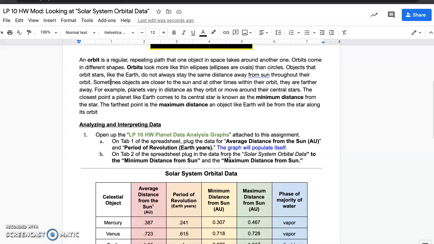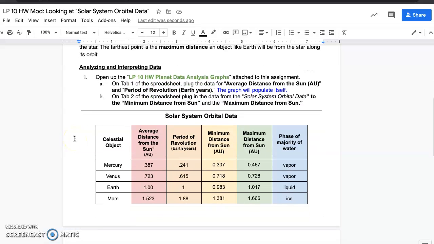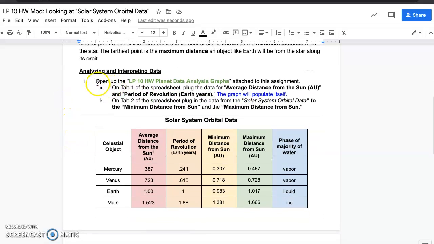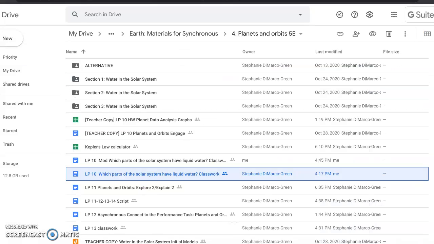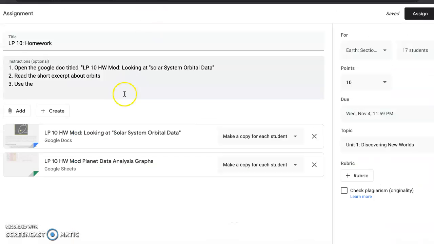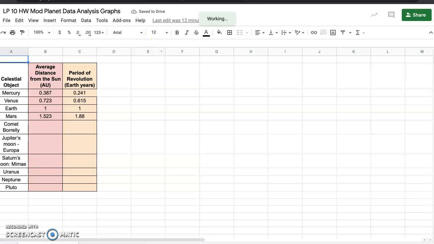All right, so let's scroll down to where it says analyzing and interpreting data. Number 1, open up the LP10 homework planet data analysis graphs that is attached to this assignment. That would be this thing right here.